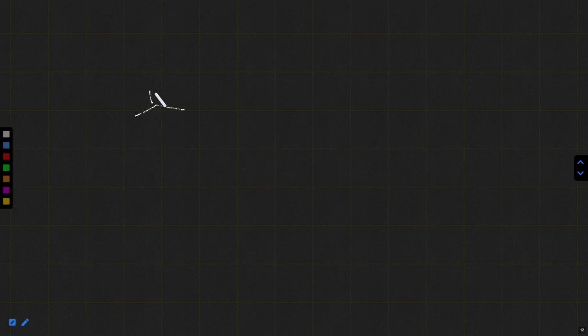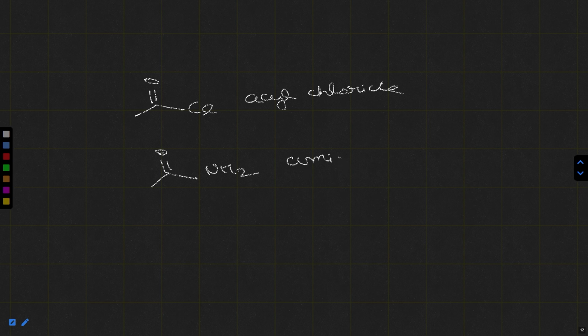Suppose we have a Cl here, so we call it acyl chloride, no problem. Next, suppose we have NH2, we call it amide. Next, suppose we have another group like this present. What will you call it in that case?